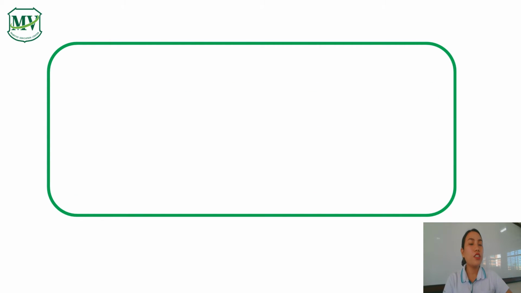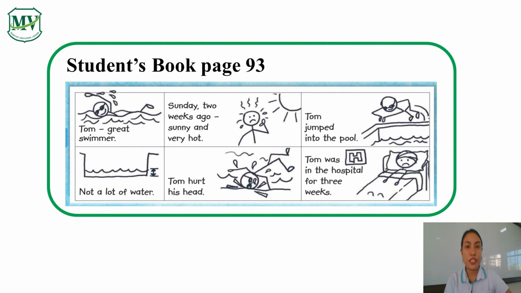In your student's book, we also have the illustration of the story. On picture 1, you will see Tom, who is a great swimmer. Picture 2 shows that it was Sunday 2 weeks ago and it was very sunny and hot.